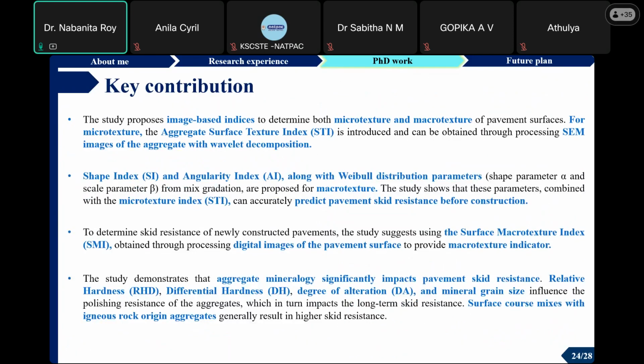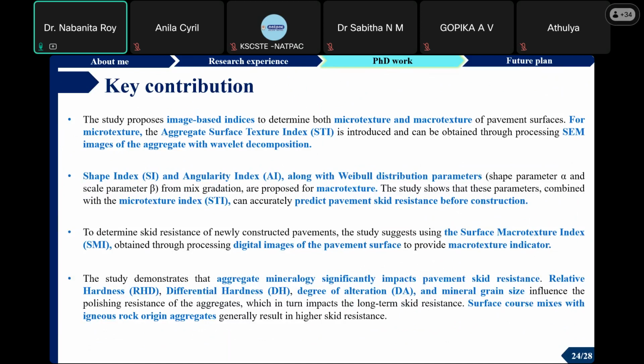Now coming to the key contributions from my PhD work. This study proposed image-based indices to determine both microtexture and macrotexture of pavement surfaces. For microtexture, the aggregate surface texture index, STI, is introduced and can be obtained through processing SEM images of the aggregate with wavelet decomposition.